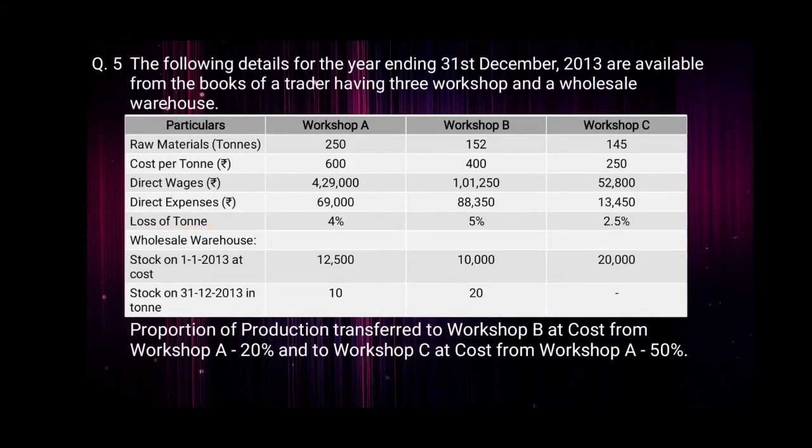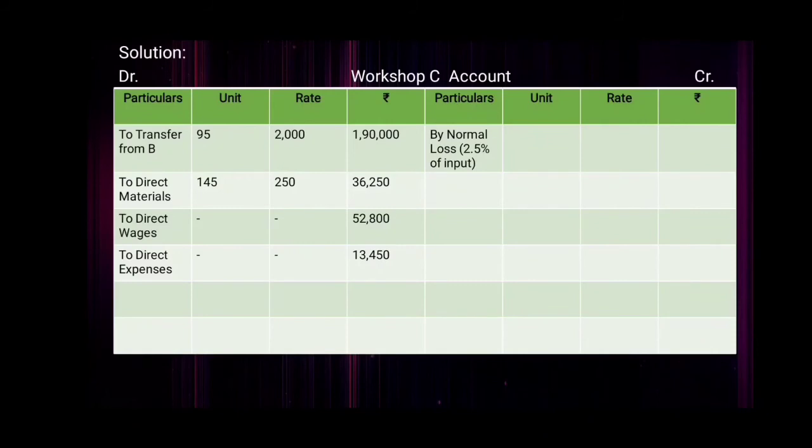Now normal loss is 2.5% for workshop C. By normal loss, 2.5% of input, which will be 6. Scrap value is not given, so the total amount will be nil. By transfer to stock, unit amount, that is the balancing amount, will be 234. Rate amount we have to calculate.